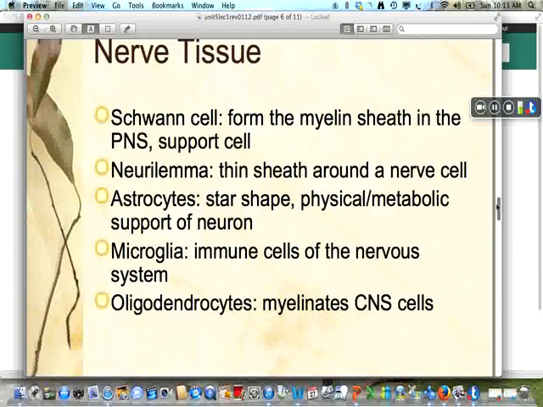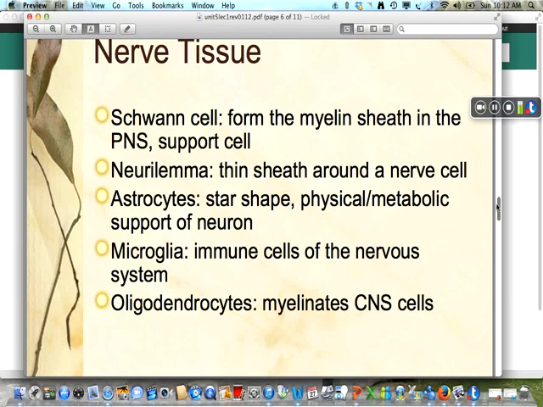So with our nerve tissue, the Schwann cell is going to be what actually forms the myelin sheath in the PNS. A lot of times you're going to have structures that will exist in both the PNS and the CNS, but they'll get different names. So the Schwann cell is one example of those that's going to be in the PNS. The neurolemma is the thin sheath around a nerve cell.